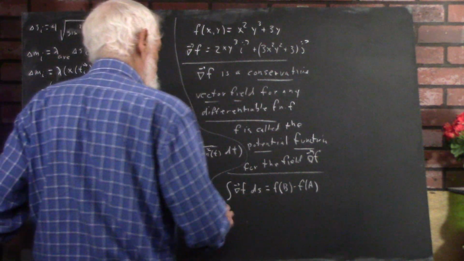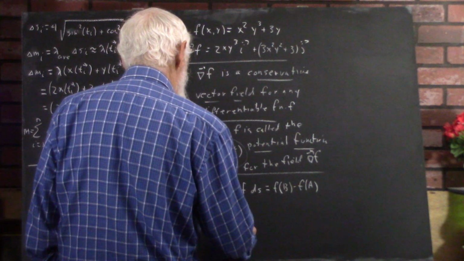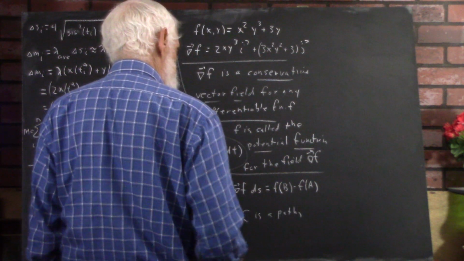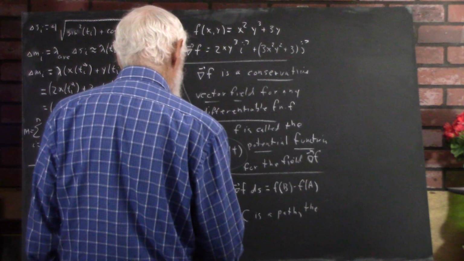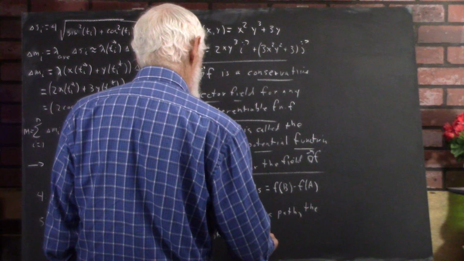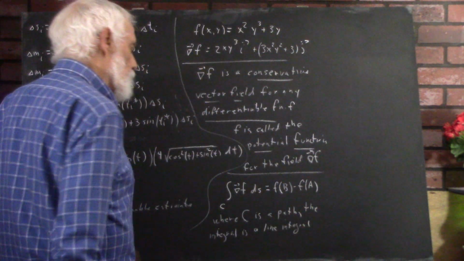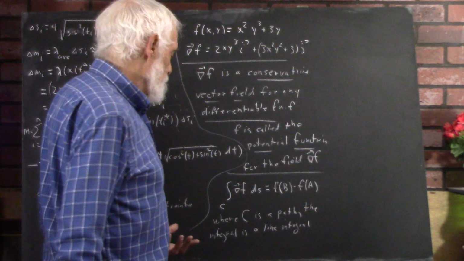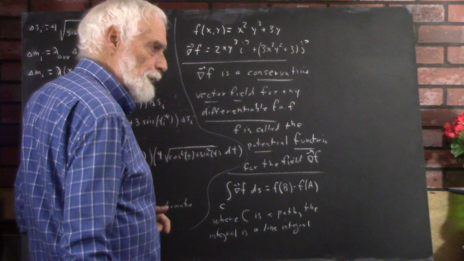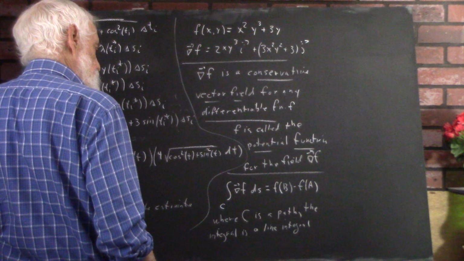Now let's be a little clear about what I mean by C and what I mean by A and B. Where C is a path, where the integral is a line integral, and there are conditions on this, like the line integral has to pass through a region where del f is continuous, differentiable, etc. Or at least continuous, and yeah, continuously differentiable.